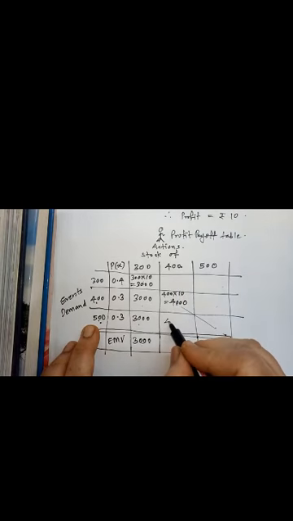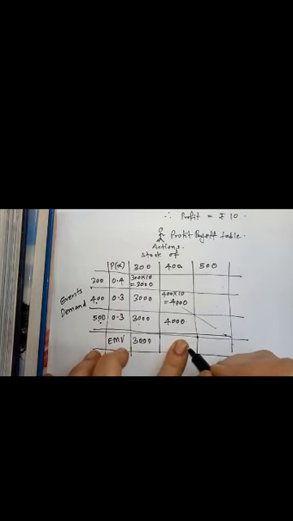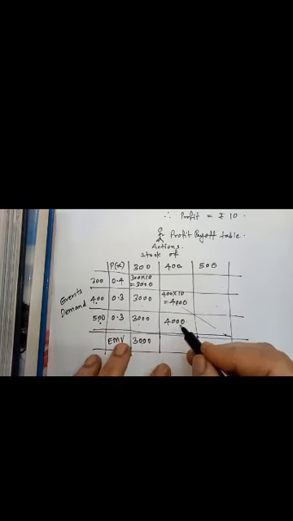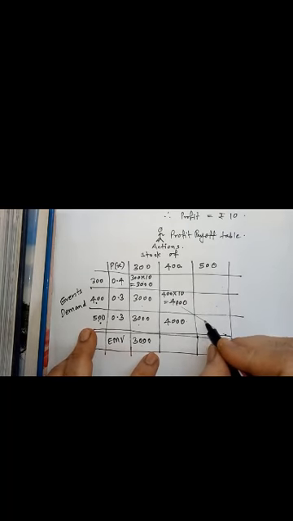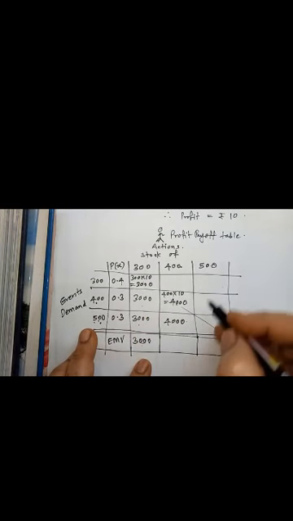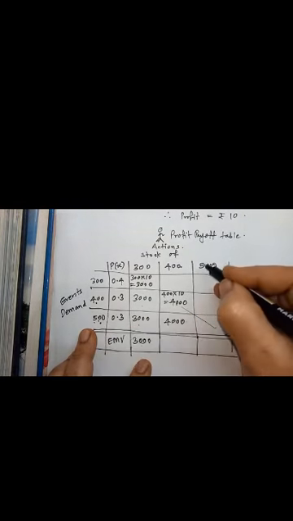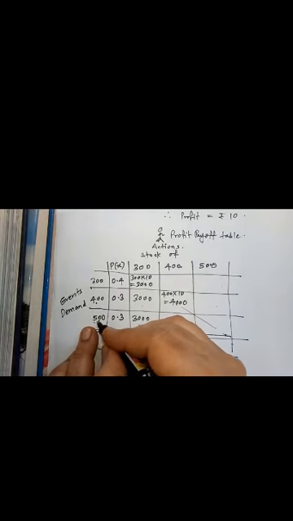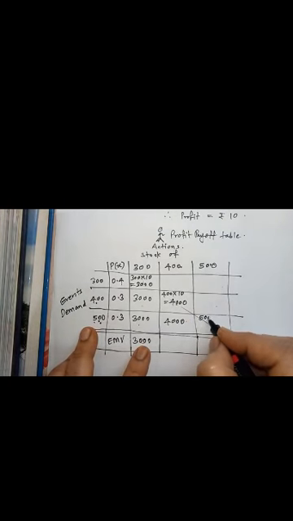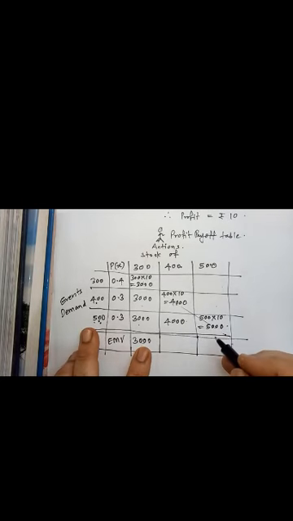So again copy it, 4000, but don't copy it here, just two boxes. And similarly, the profit in the very last box in the diagonal, 500, 500, this 500, that is the stock, 500 is the demand, so 500 into 10 would be 5000 is my profit. So very easily we have filled these boxes.